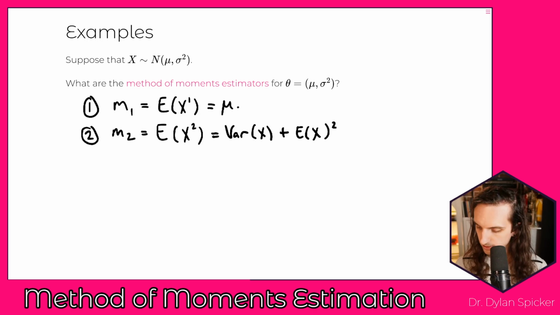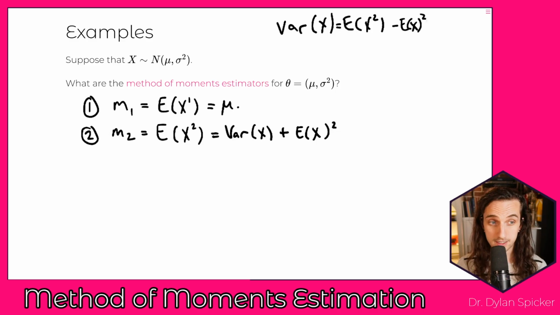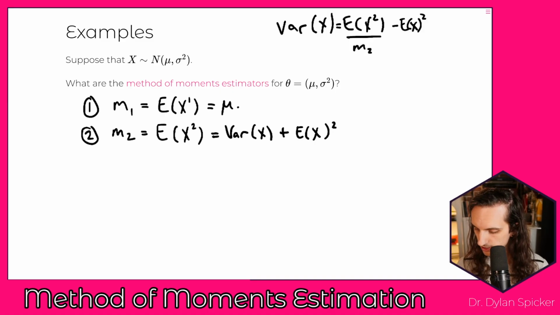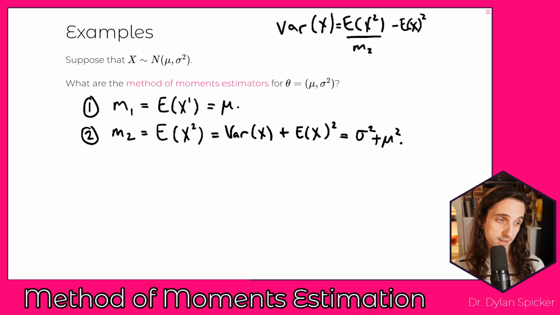Well, remember that we can always write the variance of x as the expected value of x squared minus the expected value of x, squared. And so solving this for the expected value of x squared, which is our second moment here, we can rearrange, and that's going to tell us this has to be sigma squared plus mu squared.